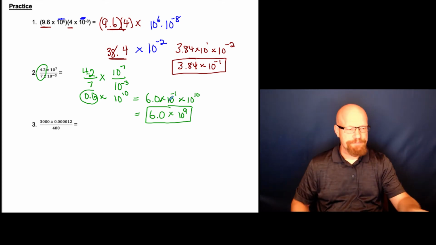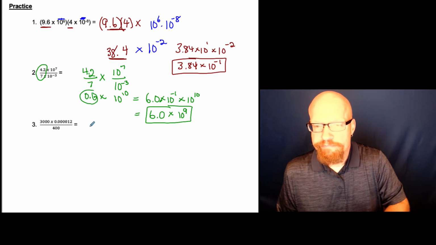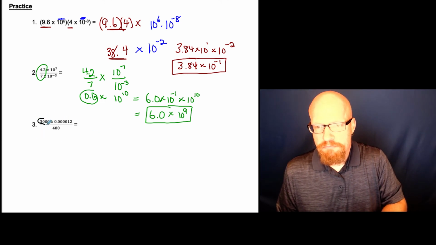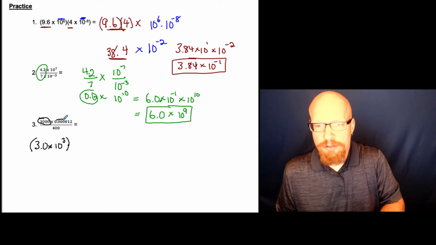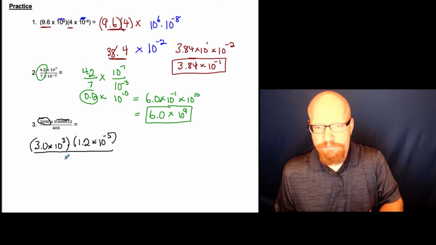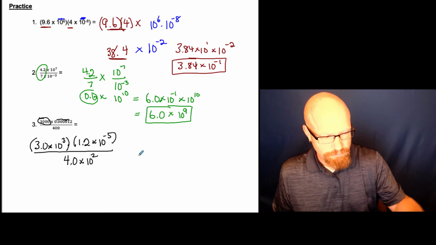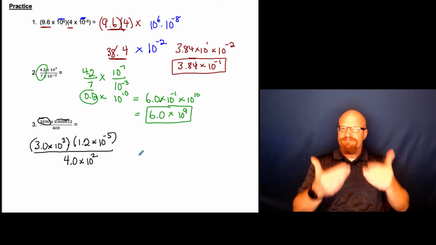Now, our third and final example. All right. Now we've converted all to scientific notation. Now we're going to follow the rules like before.